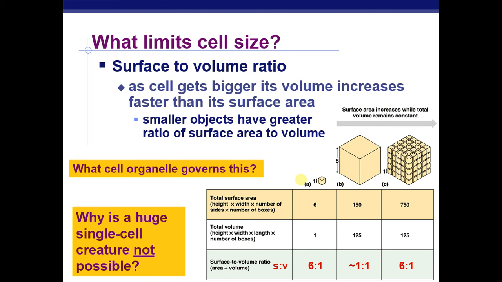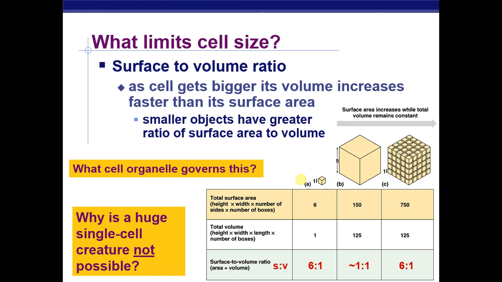But as a cell gets bigger, there's less of a plasma membrane around its surface to allow substances in. So as a cell gets bigger, you have a much greater increase in the amount of material inside of that cell that needs nutrients to come in and needs waste to get out, and a lot less space over which those nutrients and that waste can pass.